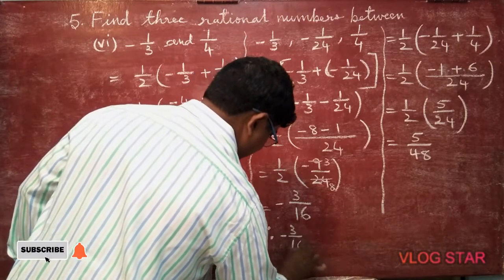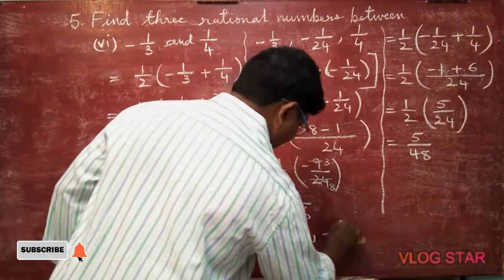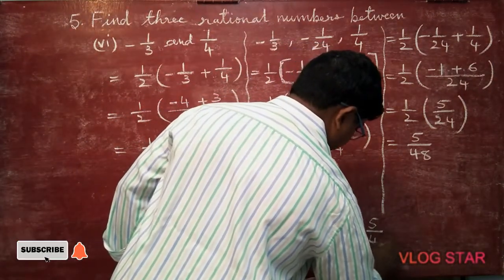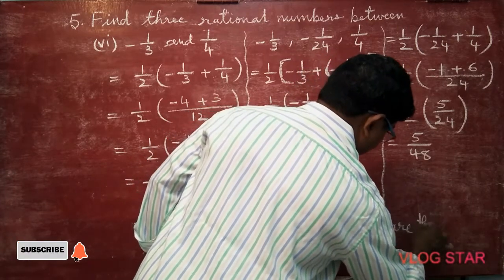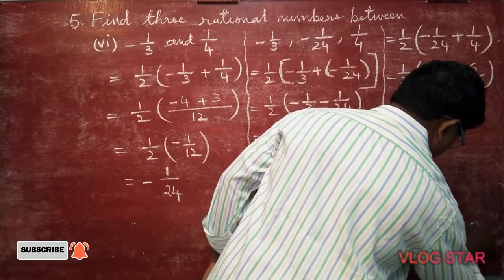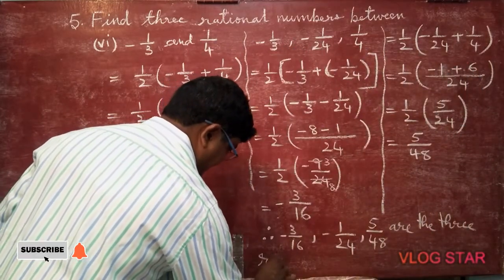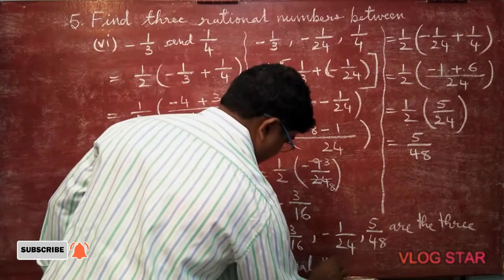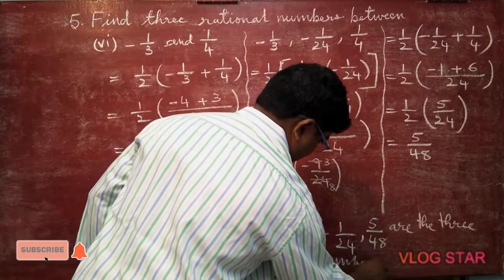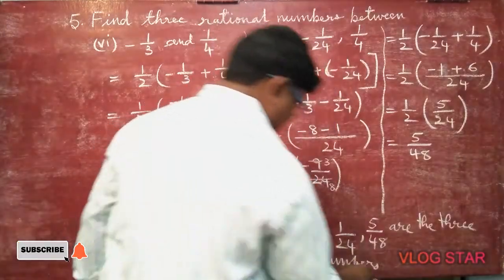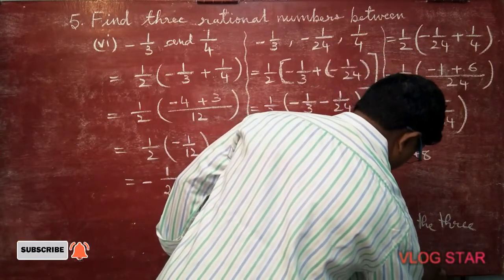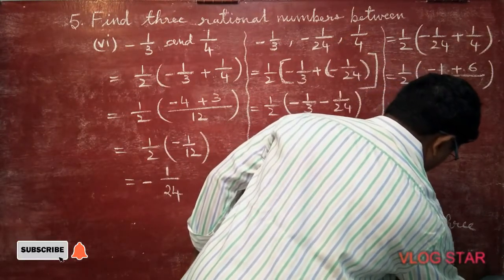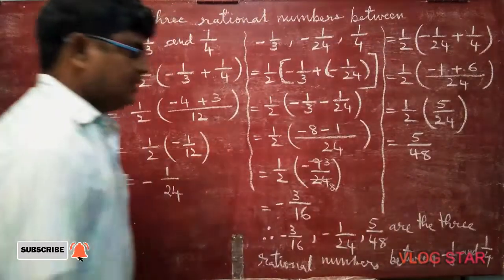Minus 3 by 16, minus 1 by 24, comma, 5 by 48 are the three rational numbers between what numbers? Minus 1 by 3 and 1 by 4. Able to follow clearly?